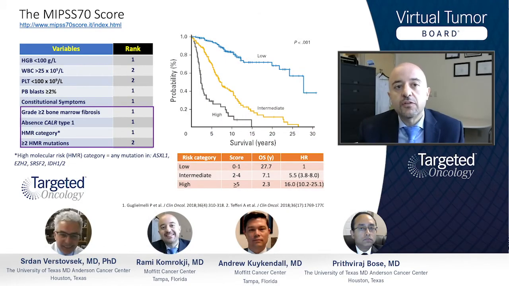In certain cases also, as I mentioned, nowadays, we have some molecular models. There is the genetically inspired prognostic scoring system, or the MIPSS70, that has evolved particularly to allow risk stratification for patients we are considering for allogeneic stem cell transplant, because it's geared for those patients at the age that we think of transplant. It does not count the age as a risk factor.